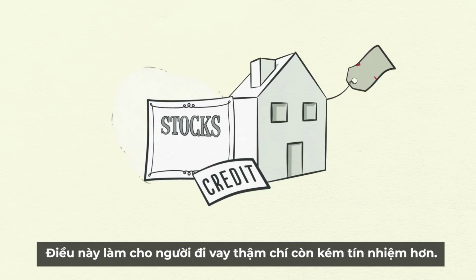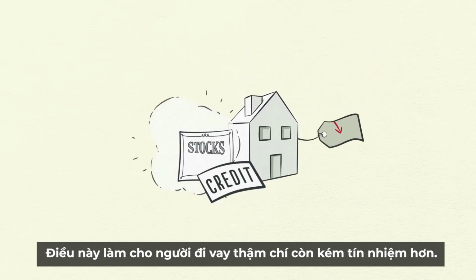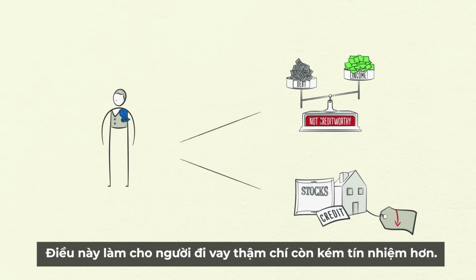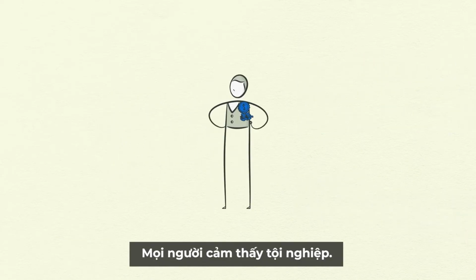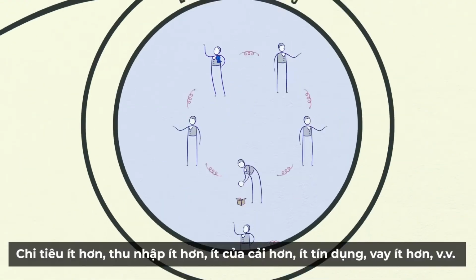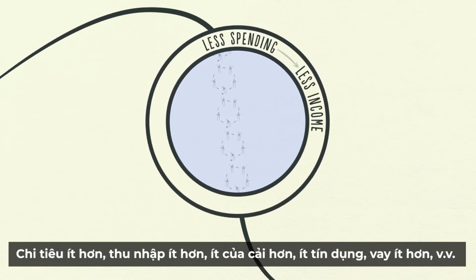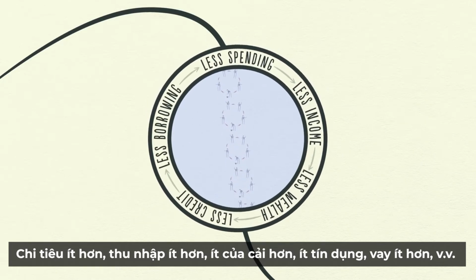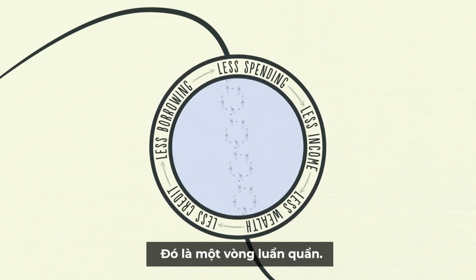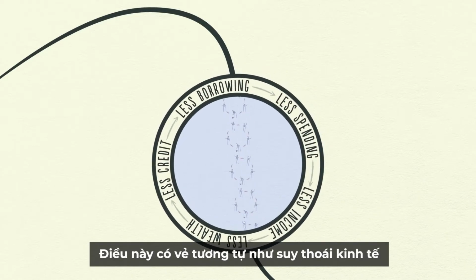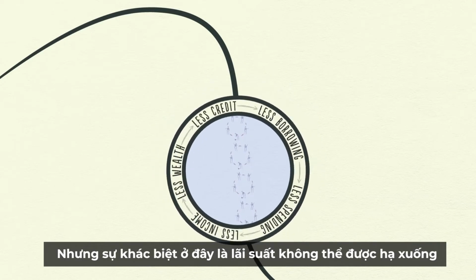As asset prices drop, the value of the collateral borrowers can put up drops. This makes borrowers even less creditworthy. People feel poor. Credit rapidly disappears. Less spending, less income, less wealth, less credit, less borrowing, and so on.